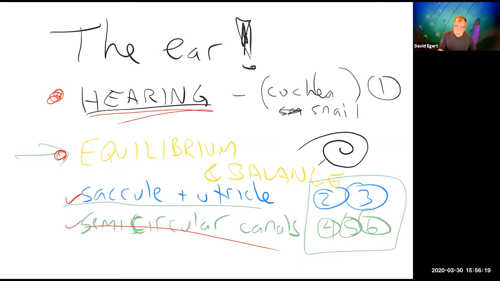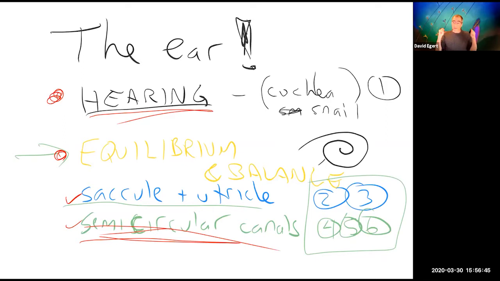If we're talking about your dynamic equilibrium, the moving of your head is going to cause currents in this fluid that bend this little membrane that is going to ultimately be turned into an electrical signal that is then going to go into your brain and be perceived as I'm spinning.